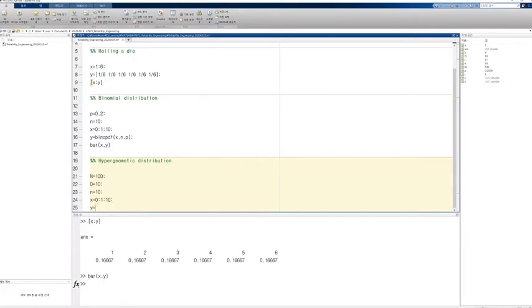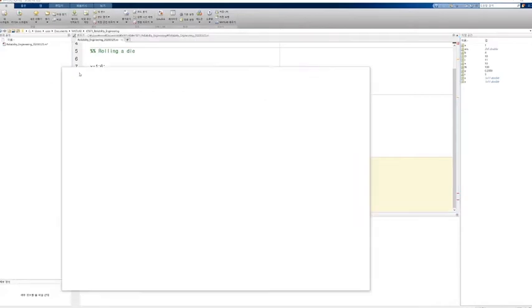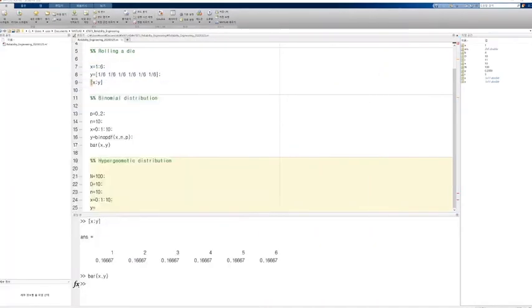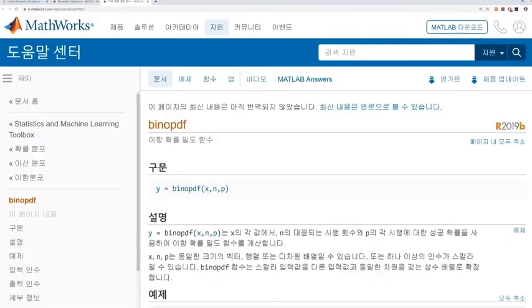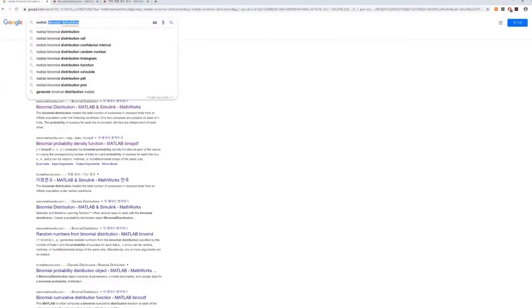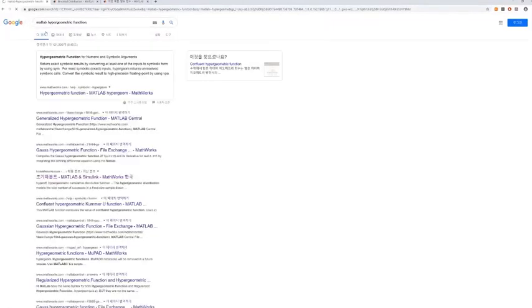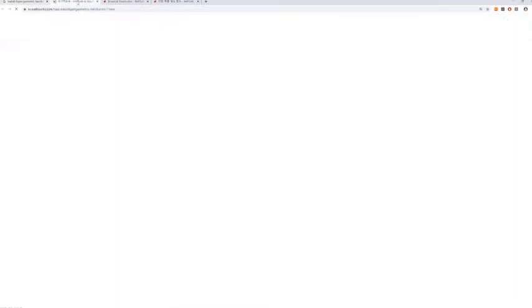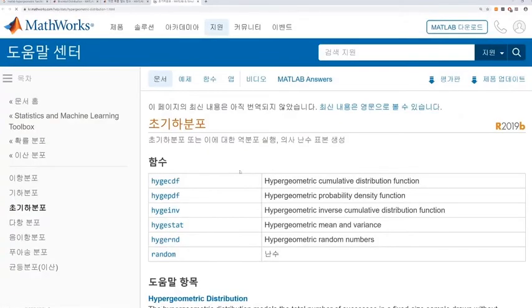And then y is going to be, so once again, we are going to MATLAB and the hypergeometric function, and we have a PDF here.